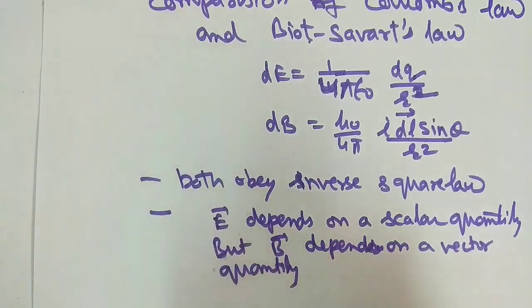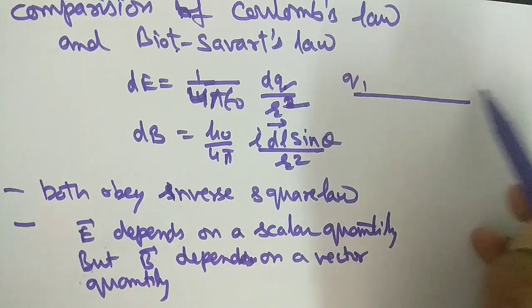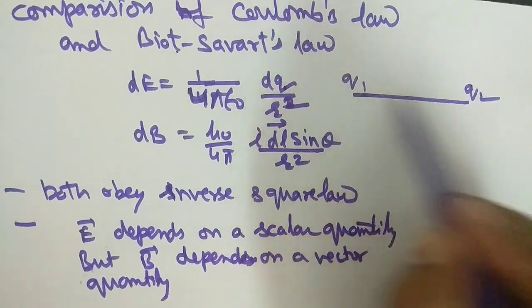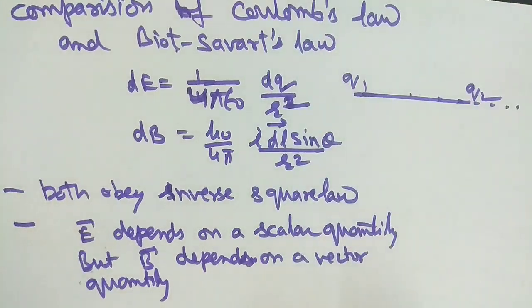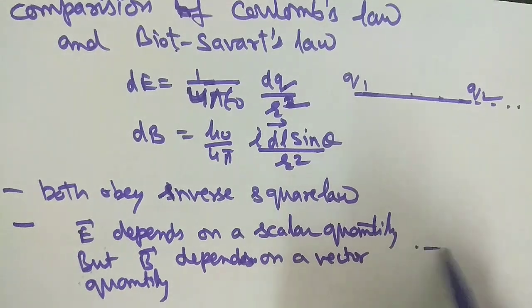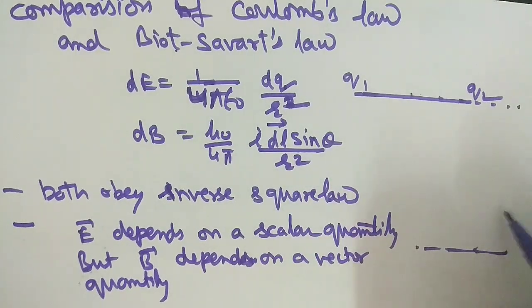Clear? And here you can see, suppose this is a charge q1, this is the charge q2. So the electric field is always along the line joining, but the magnetic field is always perpendicular. This is the point P, so this is always perpendicular, not along the line.